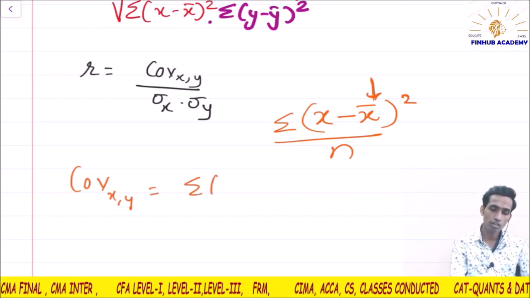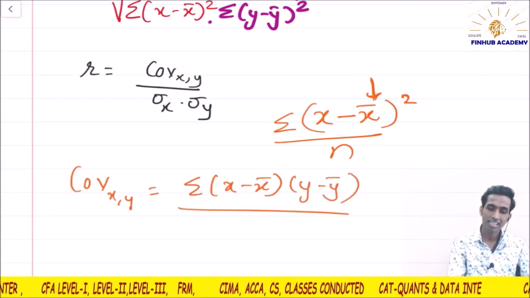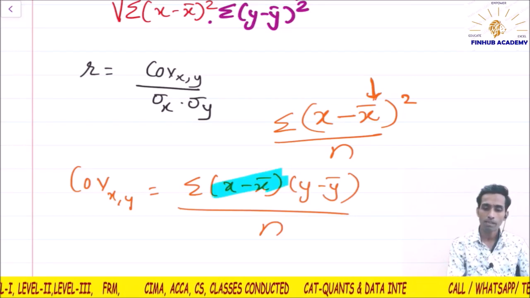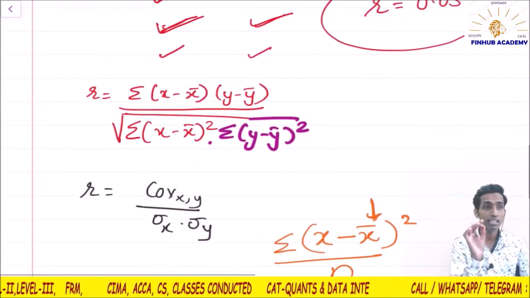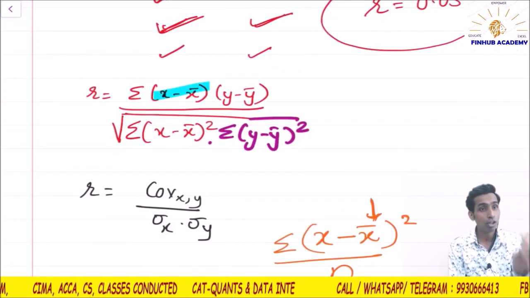So covariance is summation of (x minus x bar) into (y minus y bar) upon n. See, the deviation of x from the mean is multiplied by y minus y bar. Listen carefully. Take x minus x bar, make a column of that.